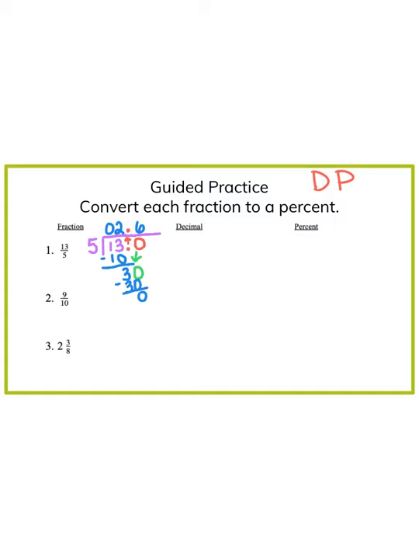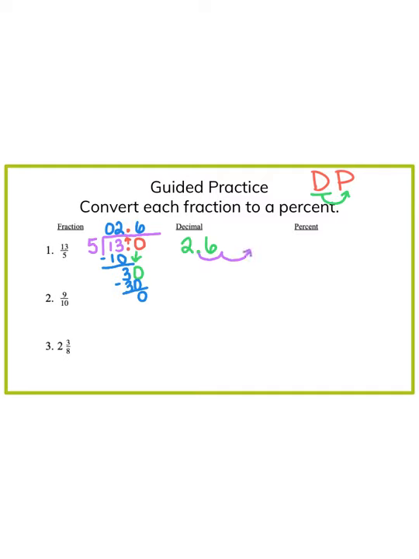So I know my decimal for this fraction is 2 6/10. So I'm going to fill that in. And now I need to convert this decimal to a percent. So I'm starting at the D in Dr. Pepper, and I need to move to the P, so I know I need to move to the right 2 times with my decimal point. 1 space, 2 spaces.